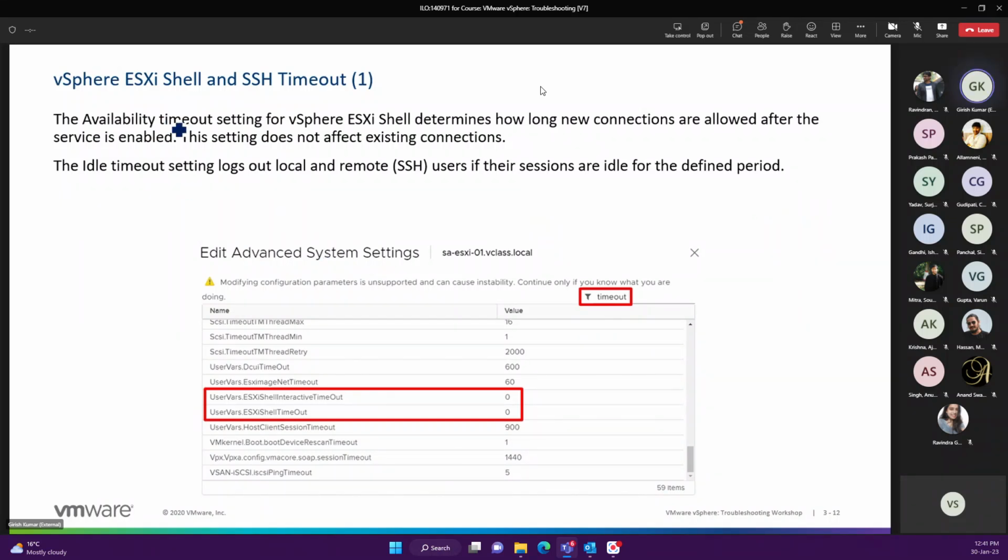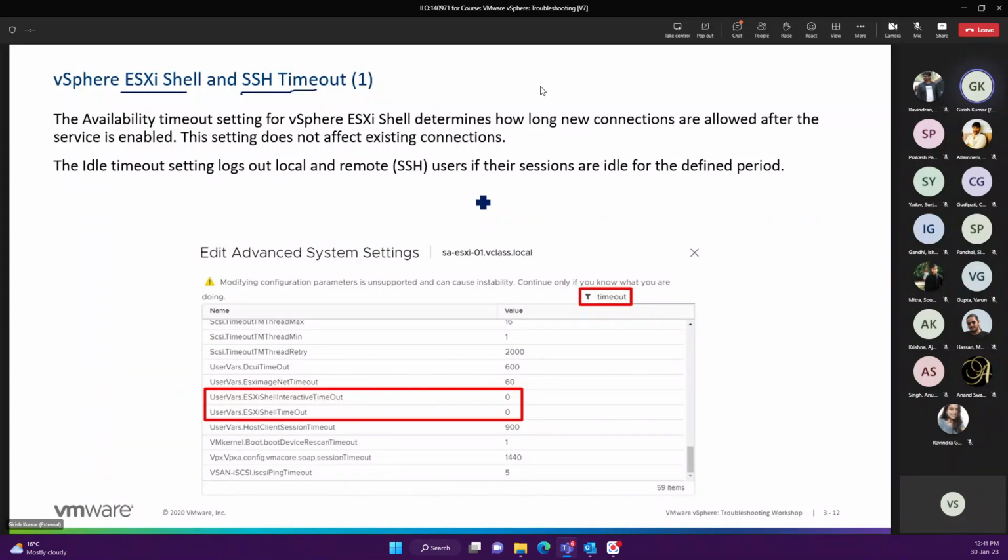You can also configure other settings, like the ESXi shell or SSH timeout setting, or the default idle timeout of 0. You must put some time, like 1 minute.